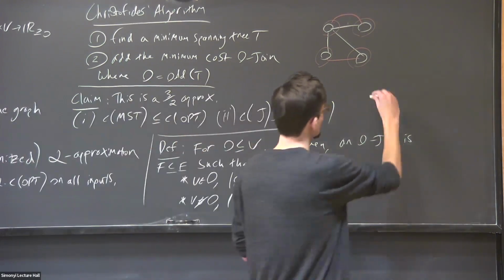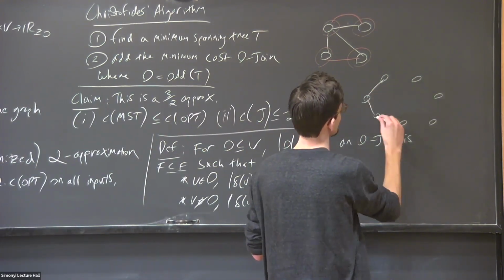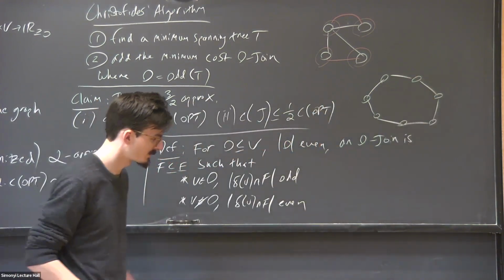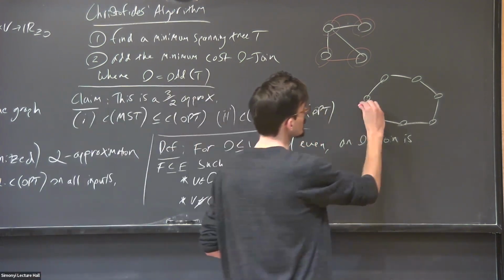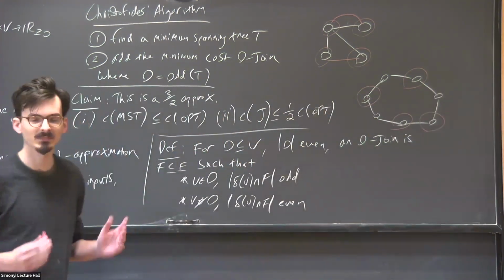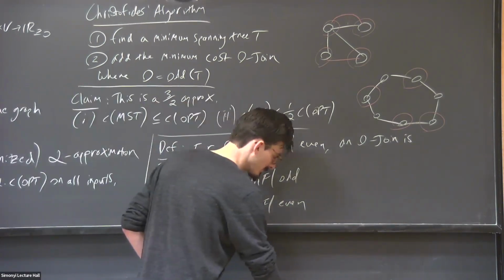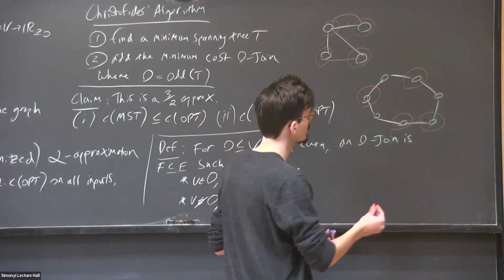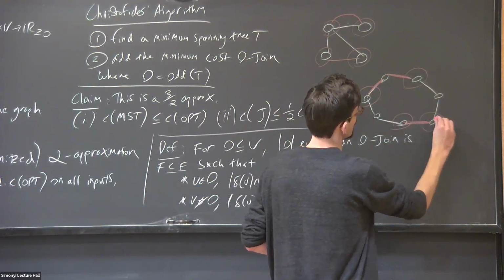So why is this true? Well, let's look at the optimal solution. Some Hamiltonian cycle, where I'm using the equivalence between these two definitions. And let's just circle the odd degree vertices in red. There should be an even number of them by the handshake lemma. But now I can partition the edges of the optimal cycle into two O-joins.